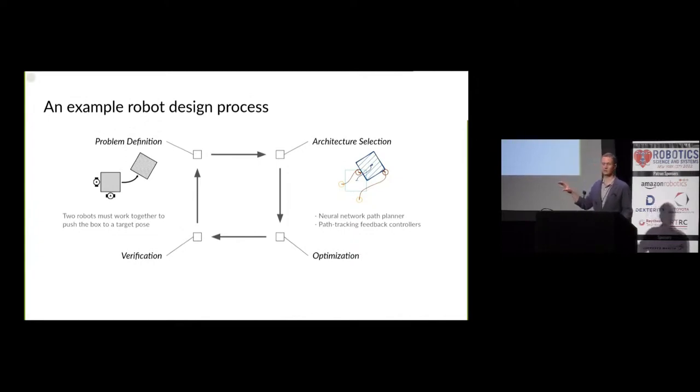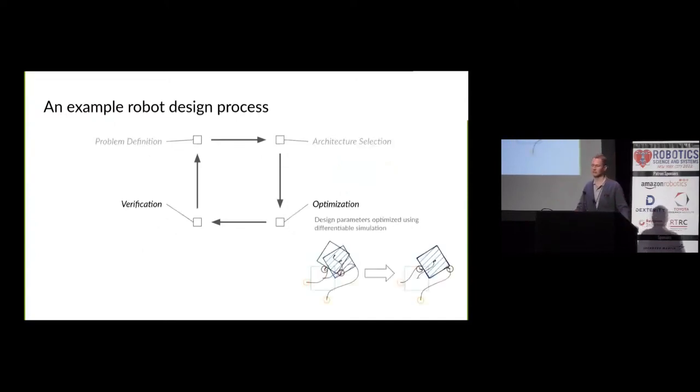We don't need to know at this point what the exact parameters of those subsystems are going to be. We just need to sketch out the design in enough detail that we can implement a simulator to model its behavior. Once we have that simulator, we can use program analysis techniques like automatic differentiation to invert that simulator. You can use your favorite gradient-based optimization method to modify the design parameters to achieve the best performance.